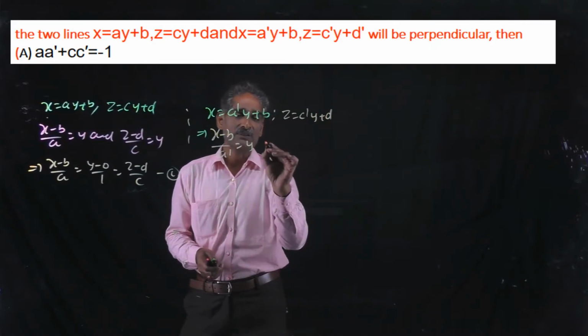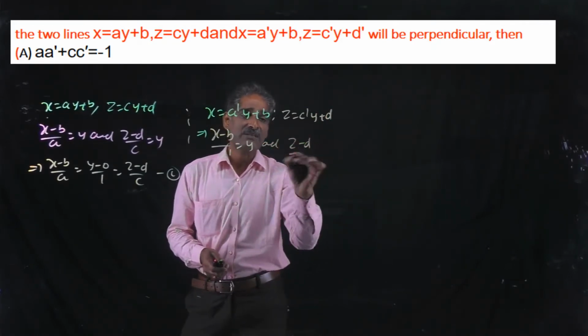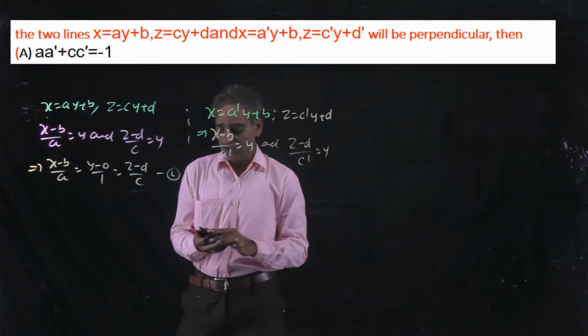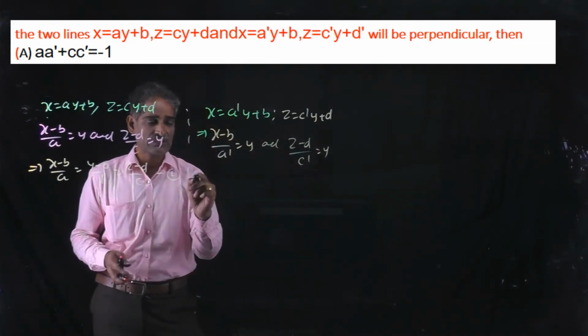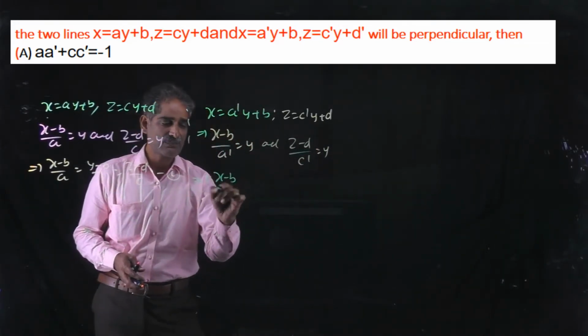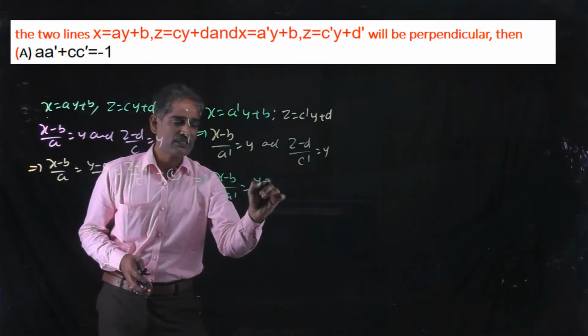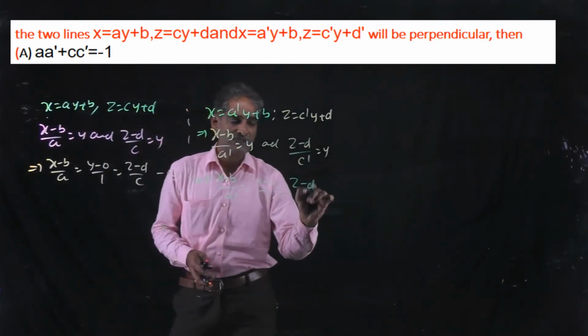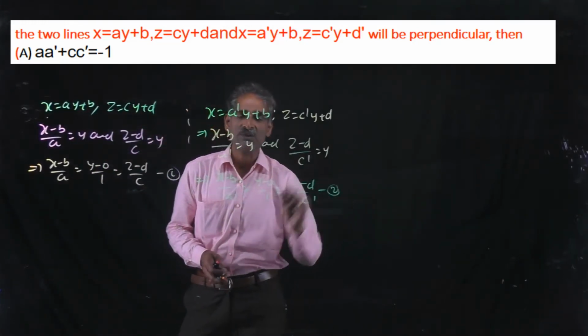Now from this (z minus d) by c dash is equal to y. From these two we can write a line equation, that is (x minus b) by a dash, (y minus 0) by 1, (z minus d) by c dash. This is the equation of the second line.